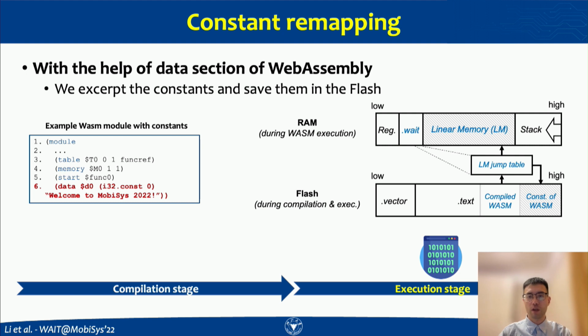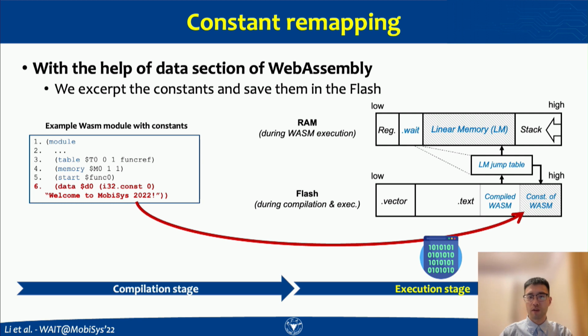Fortunately, WebAssembly organizes the constant data in a separate data section, as shown in this figure. So during the AOT, we check if the RAM usage of the generated application fits the device. If not, WAIT will excerpt the constants and save them in the flash. In the compiled code, WAIT will generate stubs to retrieve data from the flash and leverage a jump table to save the absolute addresses of the remapped constants.